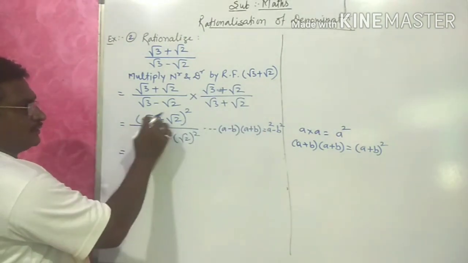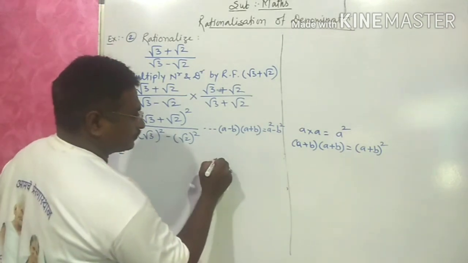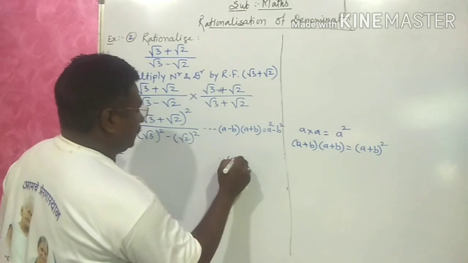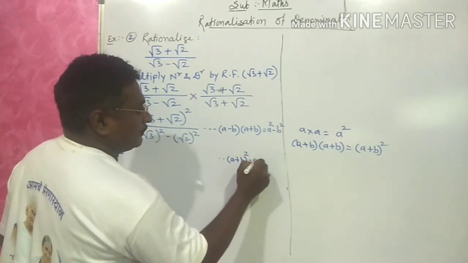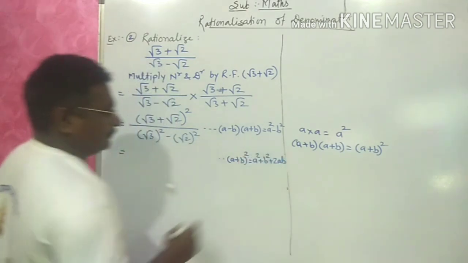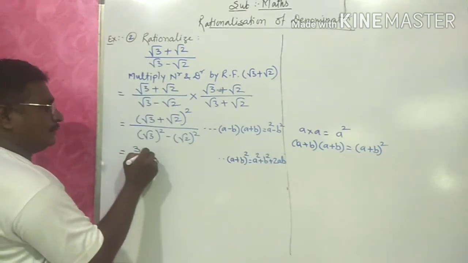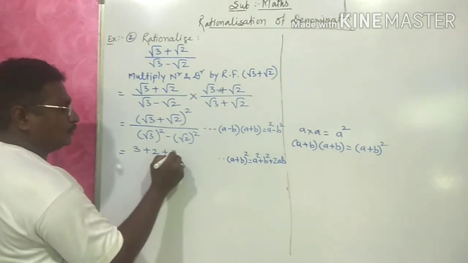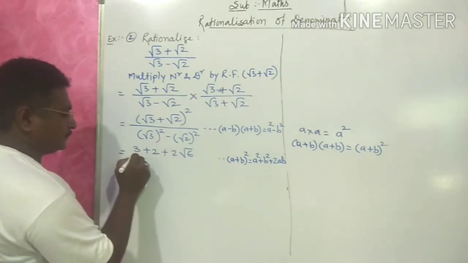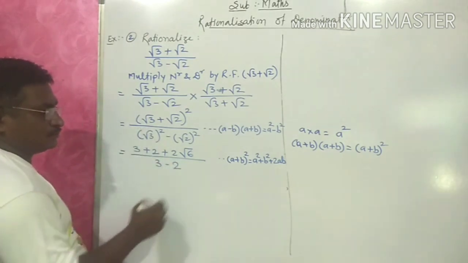Now simplify. Which identity is there? (a plus b) whole square means a square plus b square plus 2ab. So use that identity here: (3 + 2 + 2√6)/(3 − 2).